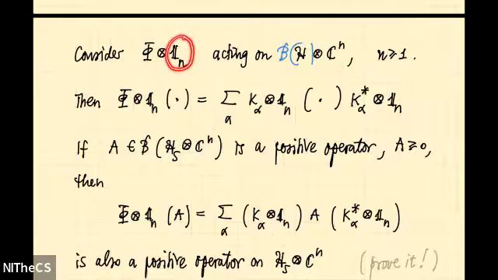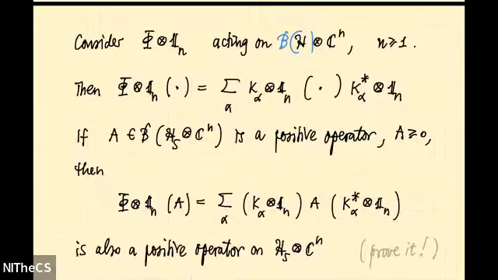I say it should act trivially on the second factor of this n-dimensional space. And n is any dimension, 1, 2, 3, 4, anything you like. Then, because phi itself has a Kraus representation, phi tensor 1 again has a Kraus representation, with the Kraus operators on the bigger space being the old ones, simply tensor 1, because the action on this factor is trivial for phi.